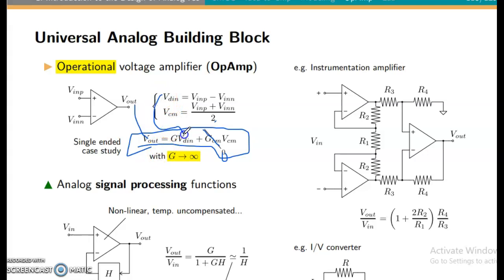VDN, G is infinity, and then GCM is 0. VCM here is V input positive plus V input negative divided by 2. This value we will get from here. Okay.